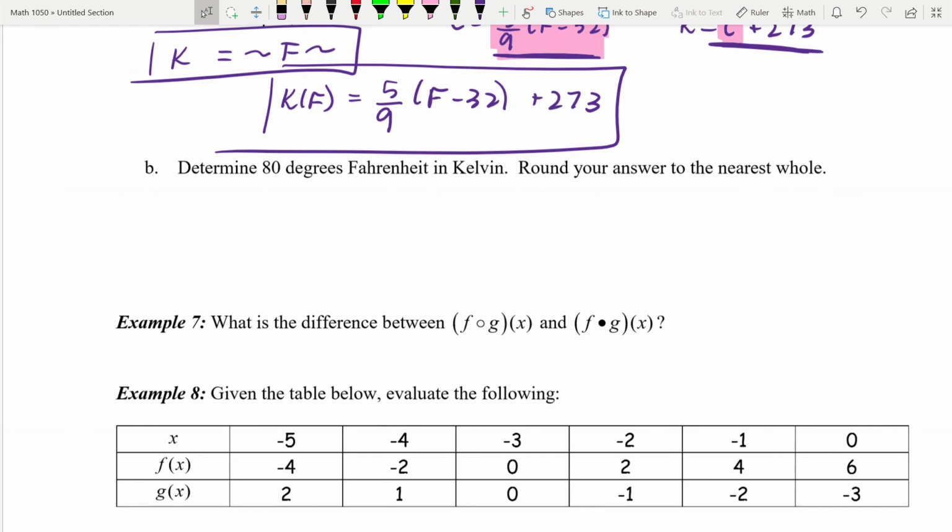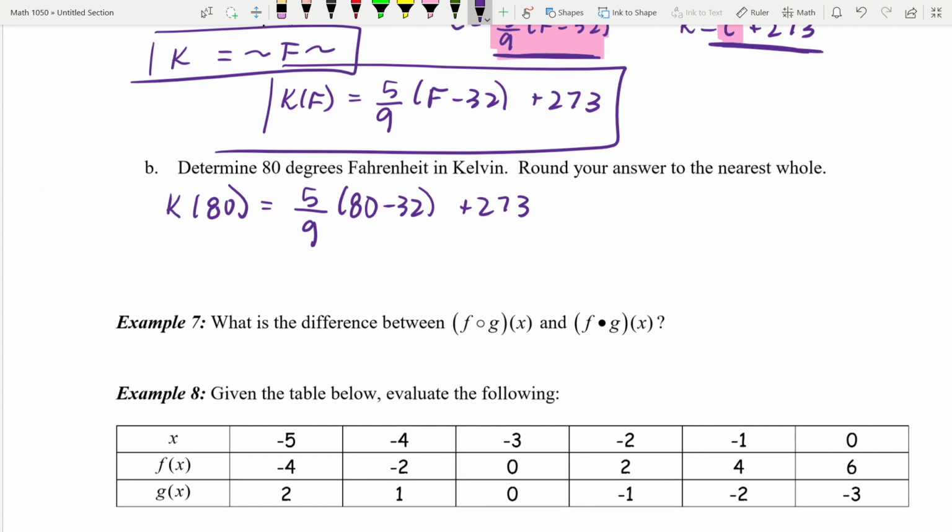And then question B: determine 80 degrees Fahrenheit in Kelvin. So now you're going to use that equation up above, guys. Everybody go K of 80, because your Fahrenheit is 80, is equal to 5/9, parenthesis, 80 minus 32, plus 273.